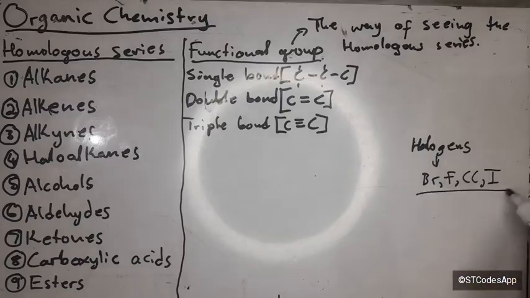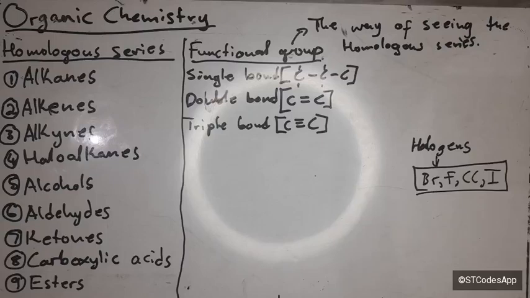These are the halogens we're going to be using here. There's bromine, there's chlorine, there's iodine. Those are the halogens we're going to be dealing with in this topic of organic compounds.